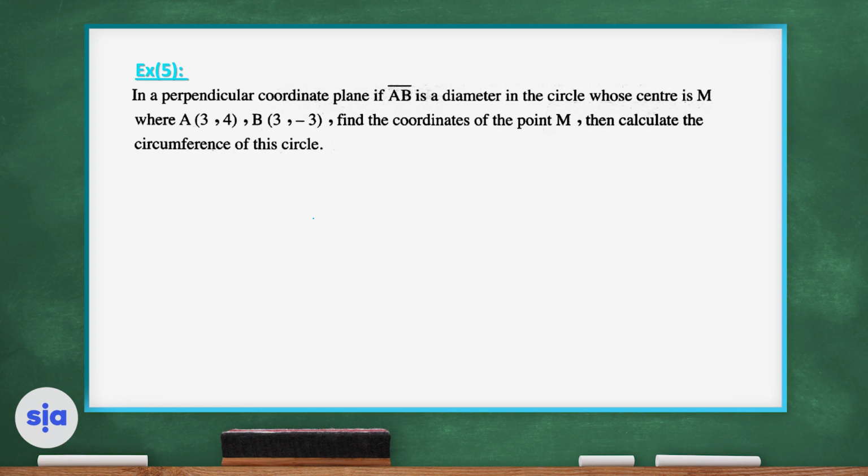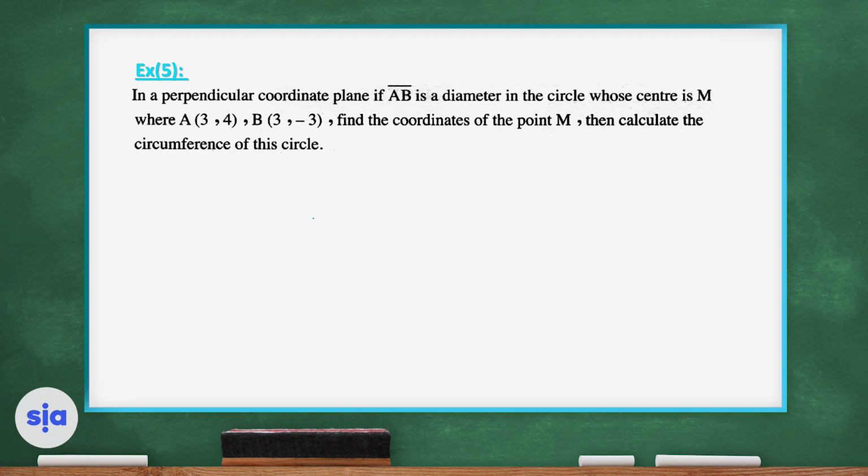In a perpendicular coordinate plane, if segment AB is a diameter in the circle whose center is M, where A has coordinates (3, 4), and B has coordinates (3, -3). Find the coordinates of the midpoint M, then calculate the circumference of this circle.